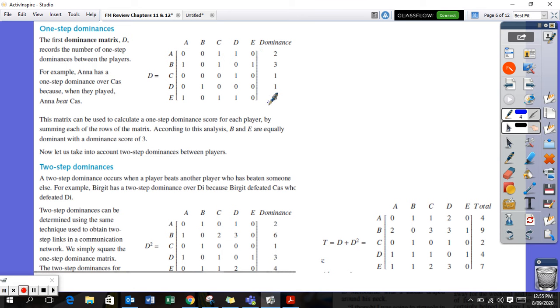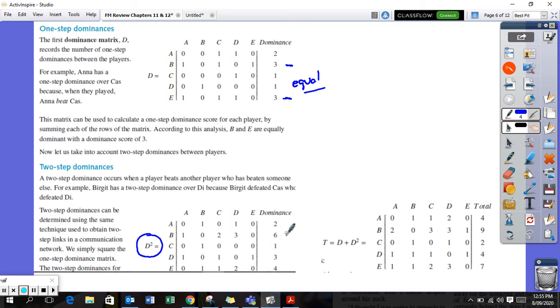When we look at the one-step dominances, we see that B and E are equal. So we want to look at their two-step dominances to see if one of them comes out on top of the other. That is, whether one of them is beating better players who have beaten other better players. Okay, and that's basically what it means. So D squared gives us the two-step dominances, and we get these values.